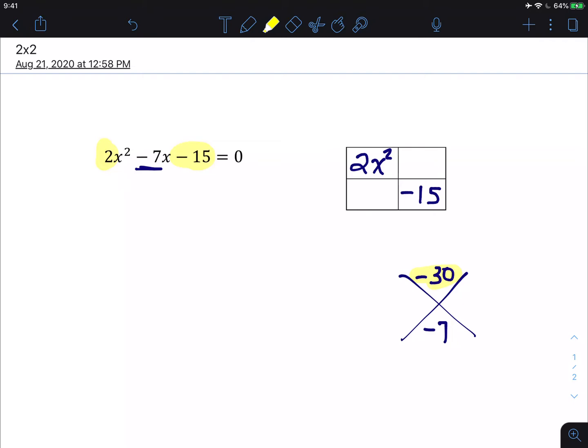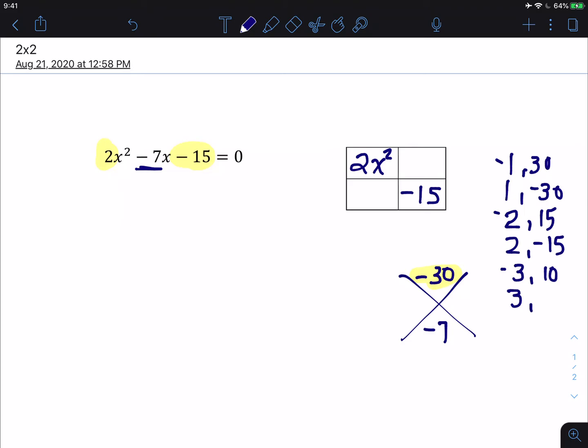So we need to first think about the numbers that multiply to give us negative 30. So let's walk through those. It could be negative 1 and 30, or 1 and negative 30, negative 2 and 15, or 2 and negative 15, negative 3 and 10, or 3 and negative 10, negative 5 and 6, or 5 and negative 6.